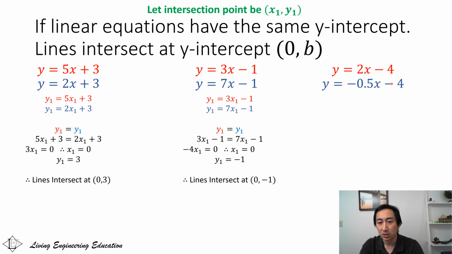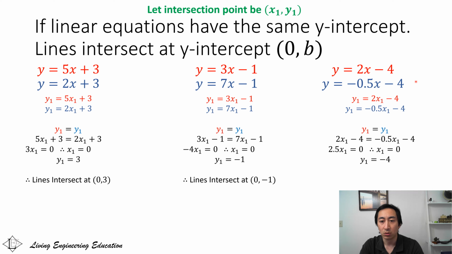Do the same thing on this last example. Plug in x1, y1, equate our y1 terms, solve for x1. We see that x1 equals 0. Plug x1 into our original equations and we'll get our y-intercepts. So it's really easy to solve for the intersection point if the two equations have the same y-intercept.